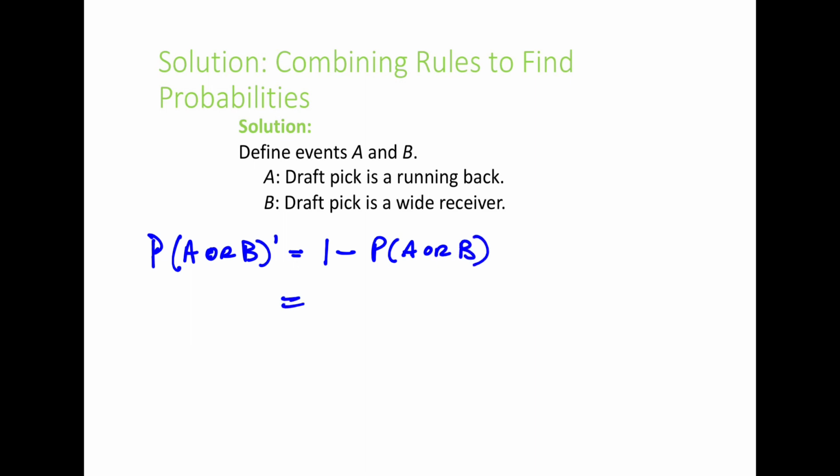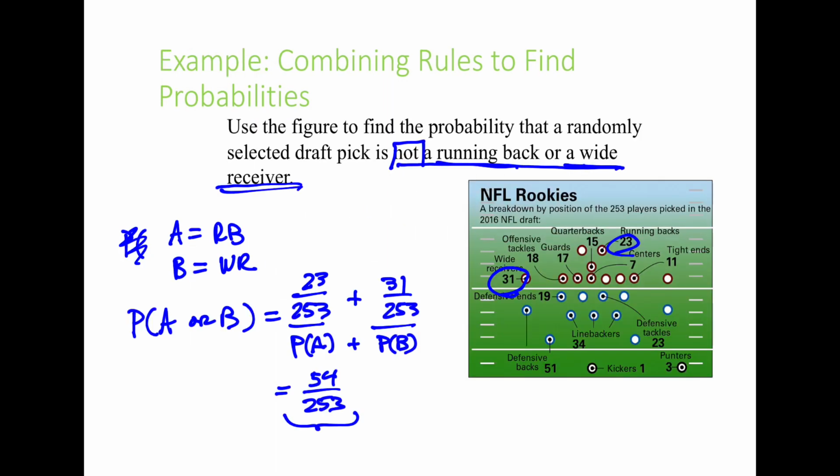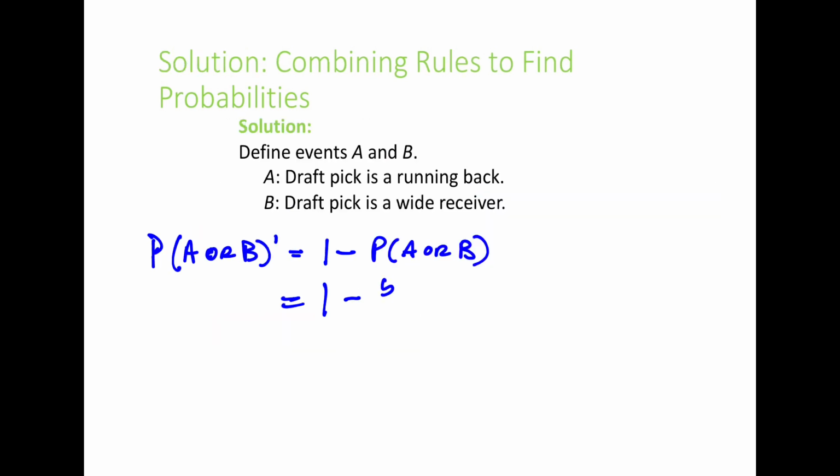For this, we want to take the count of all the players who are not A or not B. Looking back, we could see that that's going to include everything on the outside of both of these circles. 54 of them are in the circles. So if we go 1 minus 53 out of 253, that would be 54.